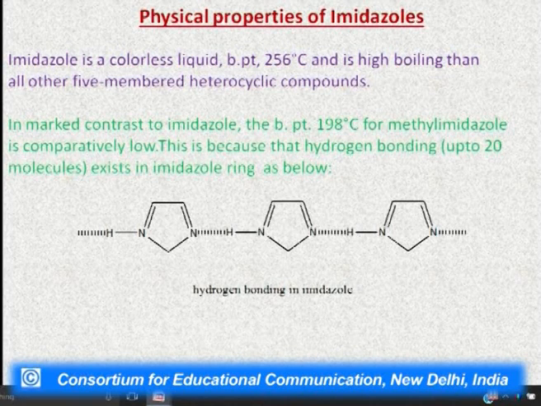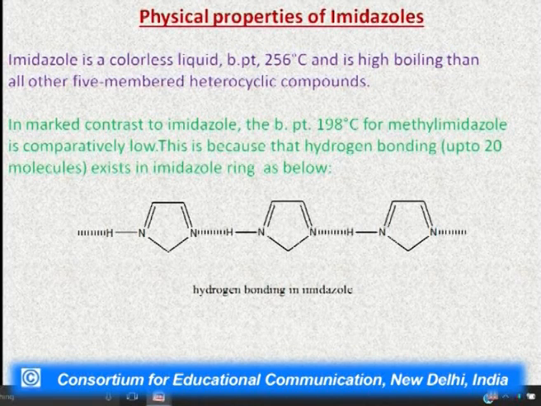Now comes the physical properties of imidazole. Imidazole is a colorless liquid with a boiling point of 256 degrees centigrade and is higher boiling than all other 5 membered heterocyclic compounds. In marked contrast to imidazole, the boiling point of methyl imidazole is comparatively low.